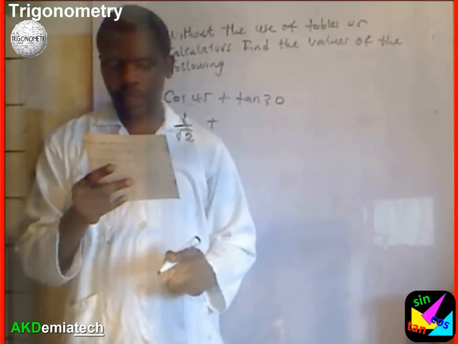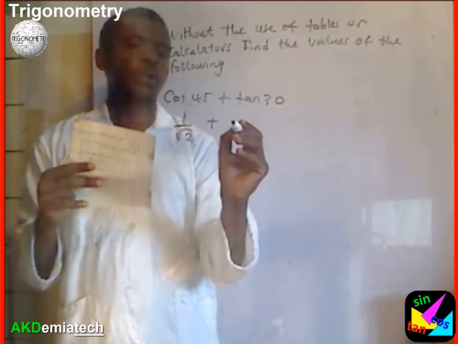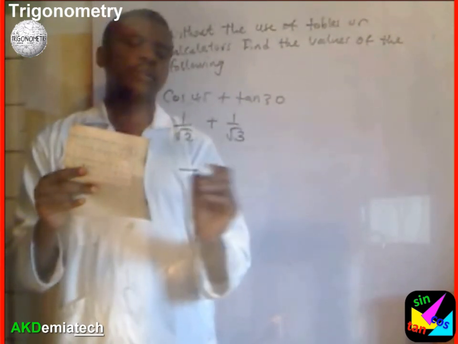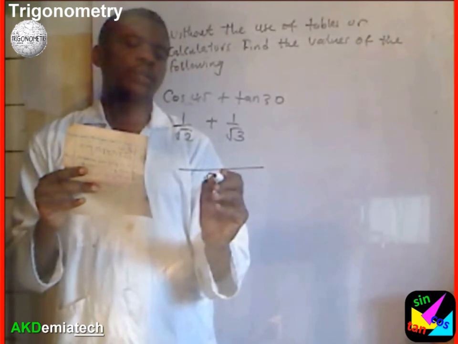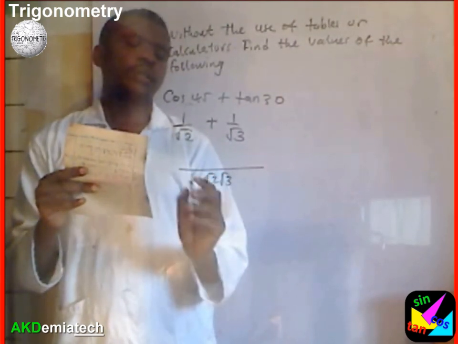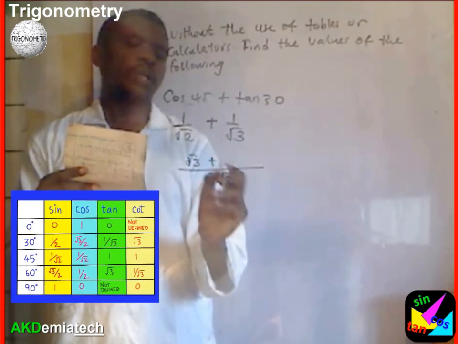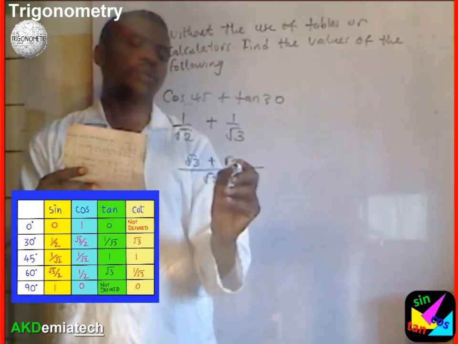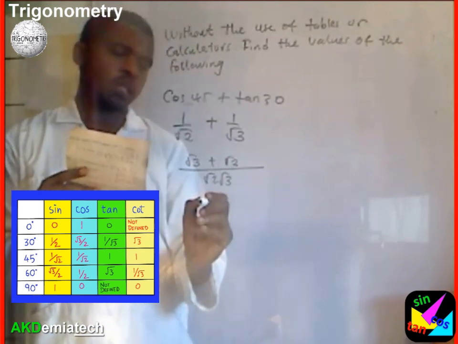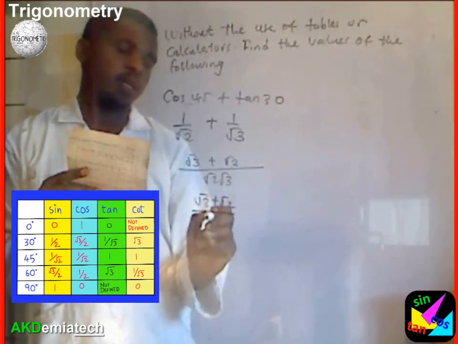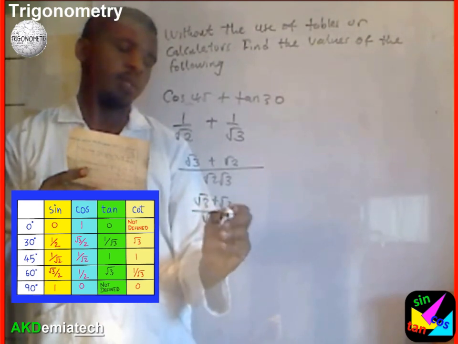Tan 30 is equal to 1 all over root 3. What's our LCM here? This is root 2 times root 3. Yeah, we'll have root 3 plus root 2. So the answer there is root 3 plus root 2 all over root 2 root 3.